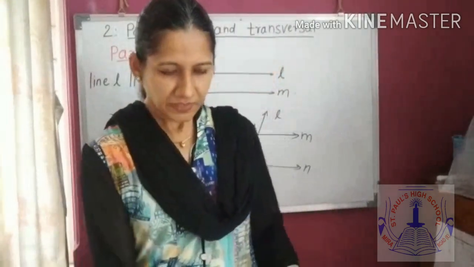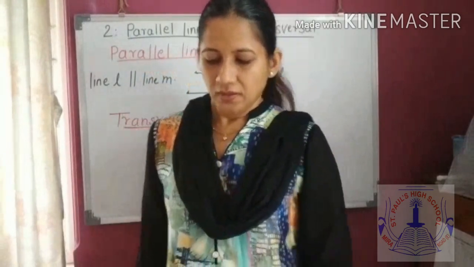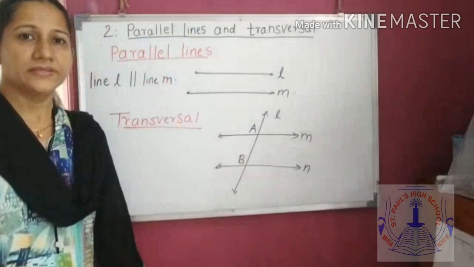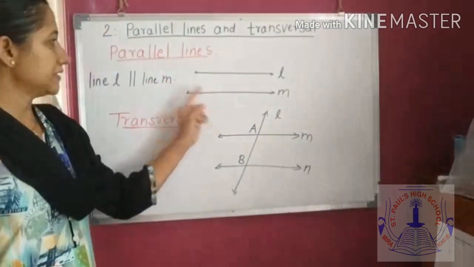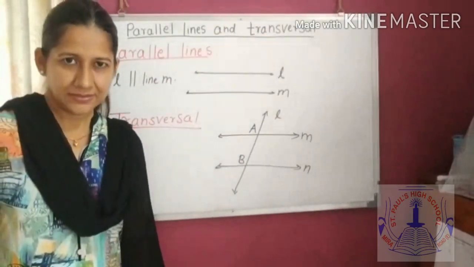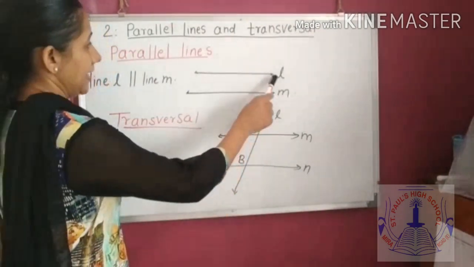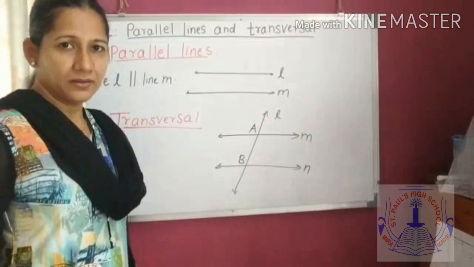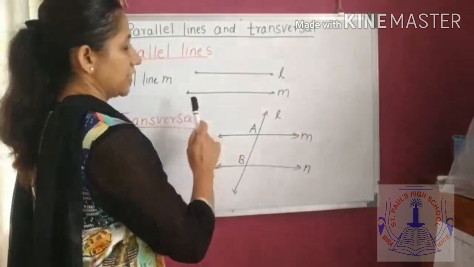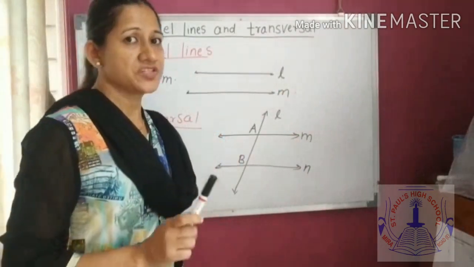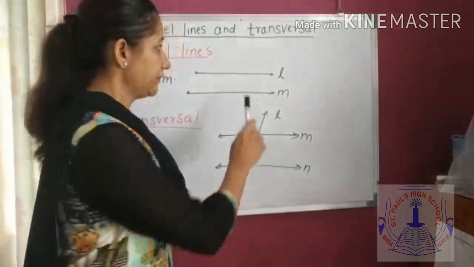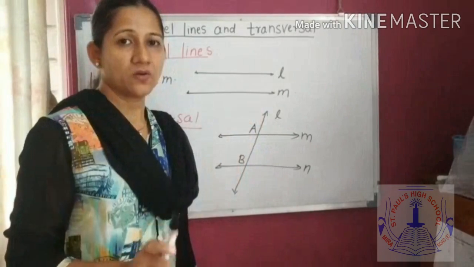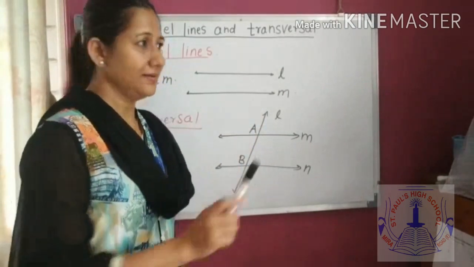Now in parallel lines and transversal, as you can see on the board, first we will see what parallel lines are. As you can see, I have drawn line L and line N. Clear? These lines which lie in the same plane but do not intersect each other are called parallel lines.